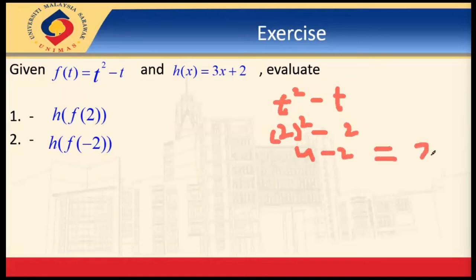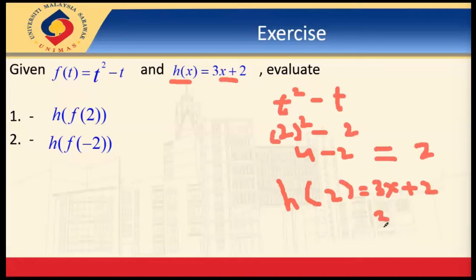Now you see this 2 will become input to the h, meaning to say we will find h of 2. Okay, and we know that the function h of x is equal to 3x plus 2. Okay, replace the x by 2. So 3 times 2 plus 2.